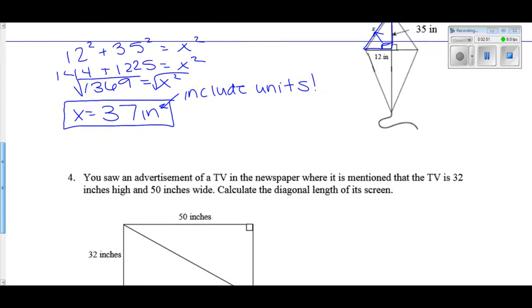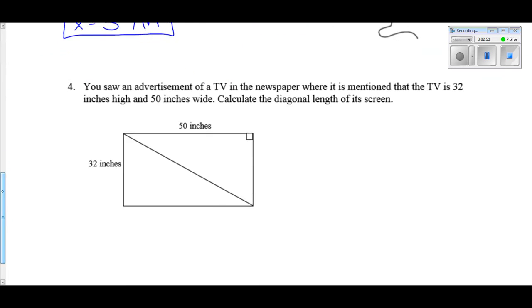Okay. Number 4, you saw an advertisement of a TV in the newspaper where it mentioned that the TV is 32 inches high. We know this piece is 32. We also know that this piece is 32. And 50 inches wide. So I know that this piece here is 50. And can calculate the diagonal length of the screen. So I also know this piece is 50. So I take one of these triangles. They're both the same, so it doesn't matter which one. I'm looking for the diagonal piece, the part across from my right angle. I'm looking for my hypotenuse.